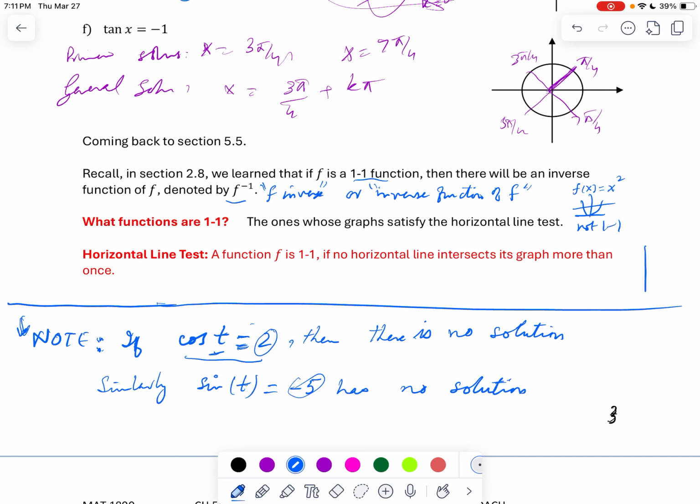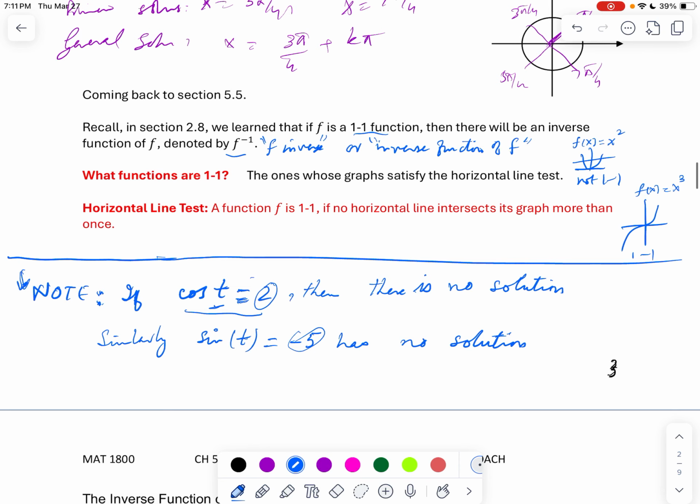Whereas the graph of x cubed is one-to-one. That's what the horizontal line test says.